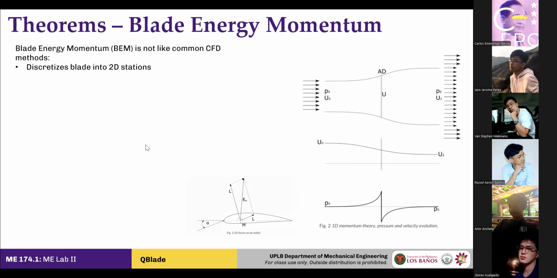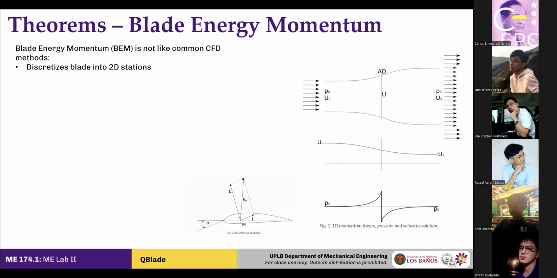So, imagine mo yung wind turbine, mahaba siya. Try to imagine an axis running along its length. Tapos, chinap-chop mo yung blades perpendicular to that axis. So, yun yung discretization ng blade energy momentum na chinap-chop mo yung blades mo into finite 2D sections or finite 2D stations. Hindi siya infinitesimal chops like calculus, pero parang medyo blocky na pag-chop-chop.